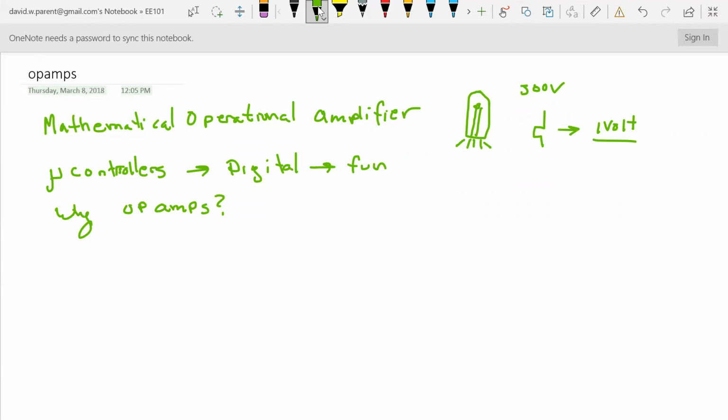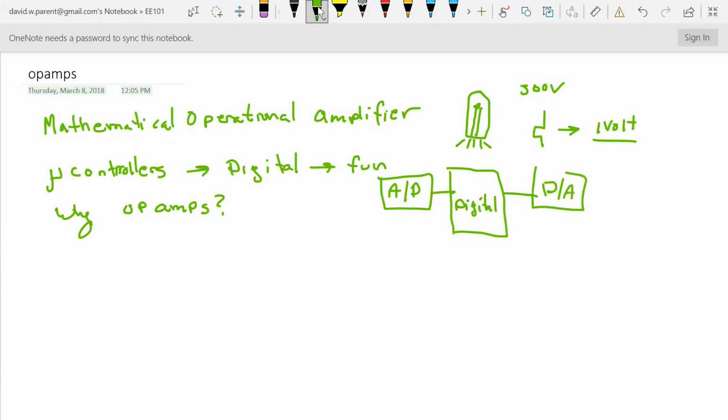Because with a microcontroller, you can have an analog to digital converter right in the microcontroller. Then once you're there, you can process all your digital logic, and then you can even have a D to A to output it back out.